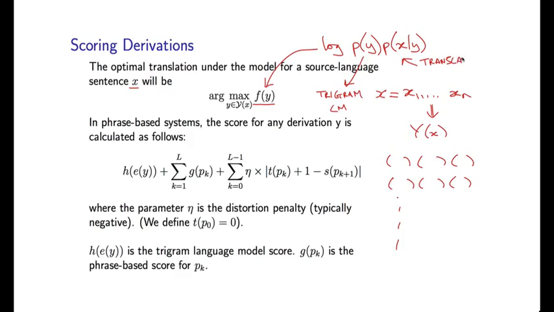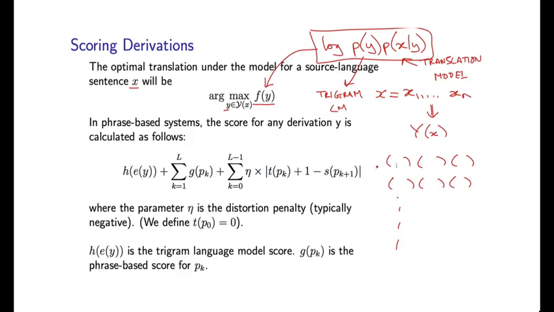I say roughly speaking because it's actually questionable whether phrase-based models, as we'll define them, really rigorously define a model of this form, but that's roughly the intuition. A good translation, remember y is a derivation, is going to both have good probability under a trigram language model and also have good probability under this translation model. But let's be absolutely explicit about what f of y is.